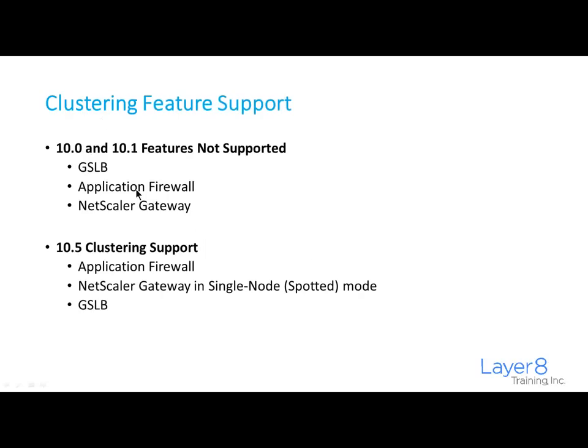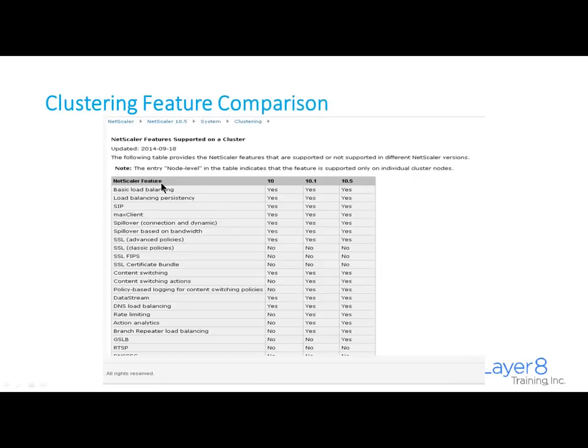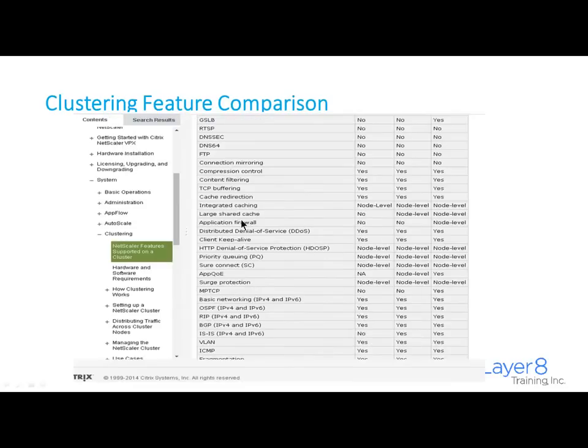So they've gone in and added in the support and brought that in here. If you go look at the feature comparison, you can see right here, this comes off of the eDocs. So you've got different features and things that are available. You can see what's included in the 10.0 version. Here's GSLB, not included. 10.5, they made it happen. You come in here, here's the app firewall.